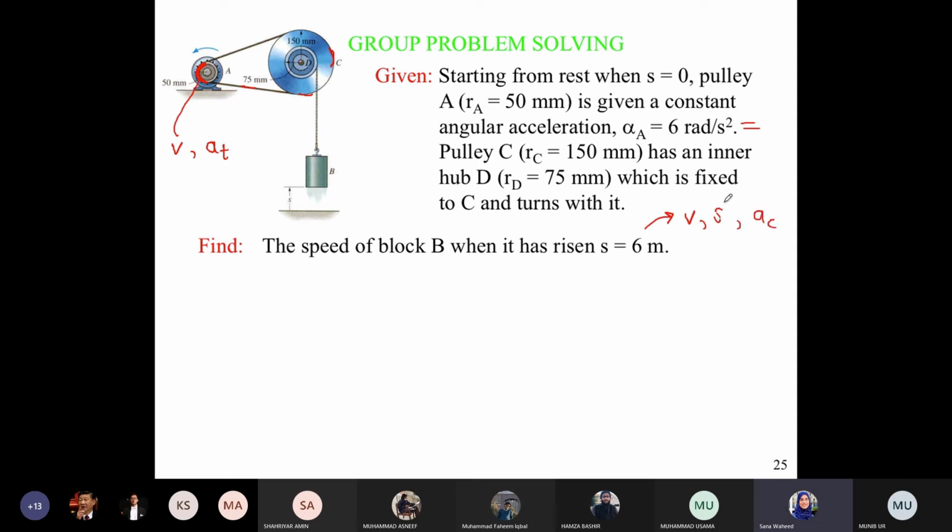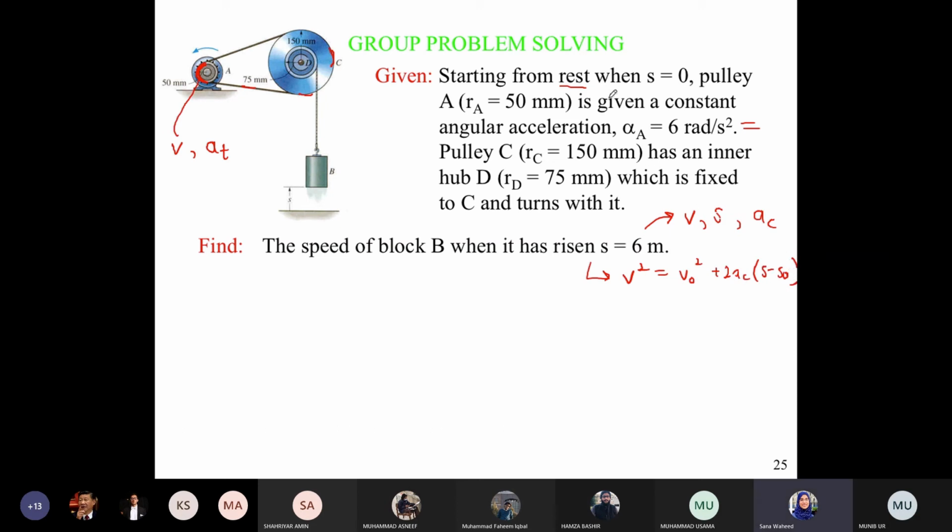This is the final velocity, so I don't need to consider velocities here. If I find the constant acceleration that B rises by, I already know the distance it has moved, and I know that it starts from rest. So I think it's that expression we're familiar with: V squared is equal to V naught squared plus 2 a_c (S minus S naught).